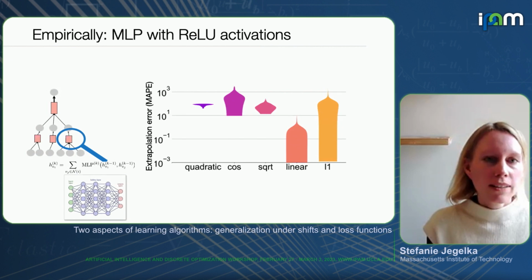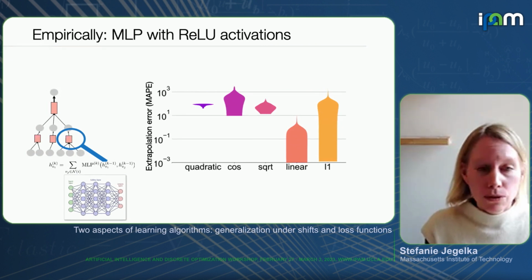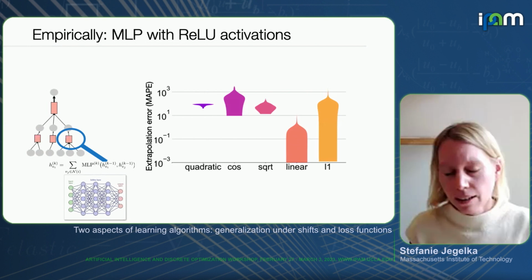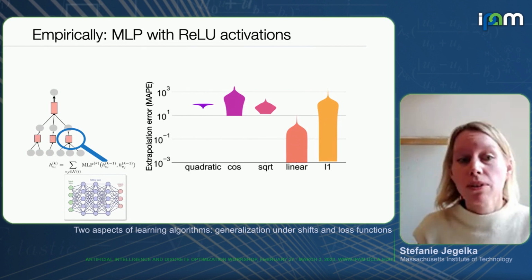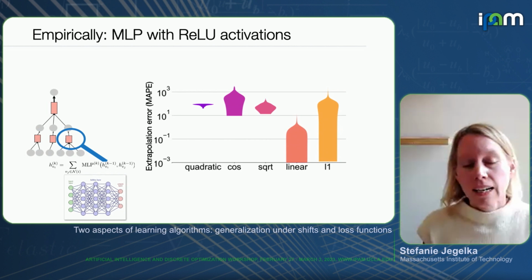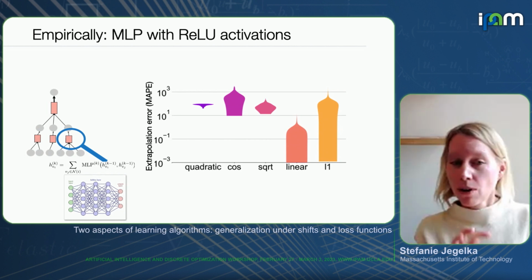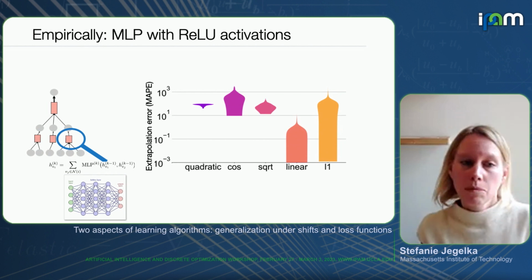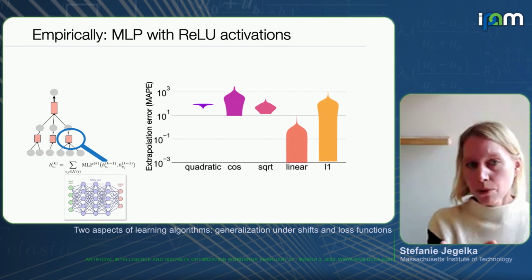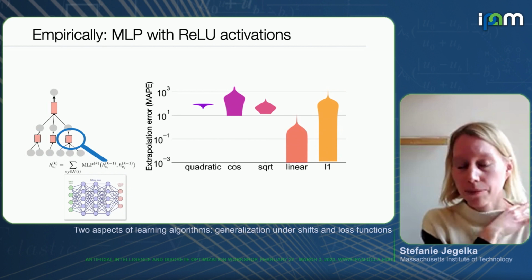So what does a fully connected network do when the input data is out of distribution? So I have a distribution shift in my input data. And now I'm doing this for one single MLP, which is part of my aggregation function before the summing, and then I will put it back later into the full model.